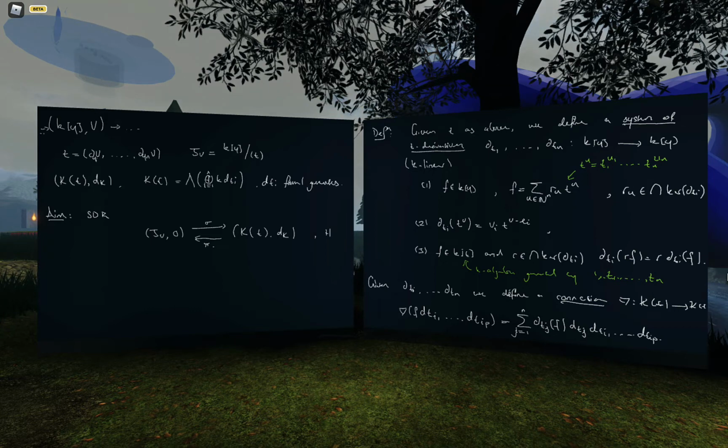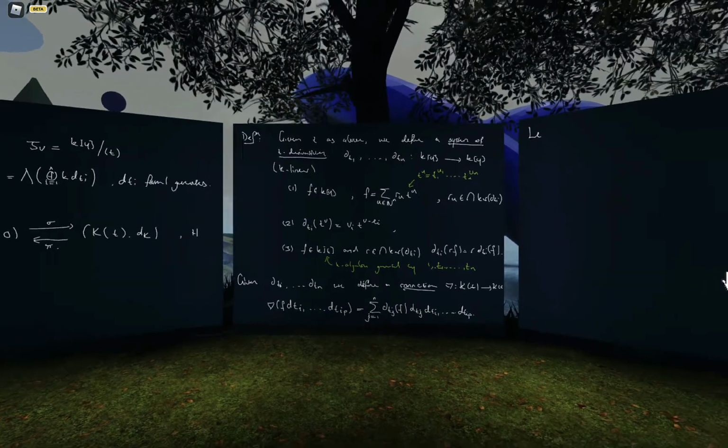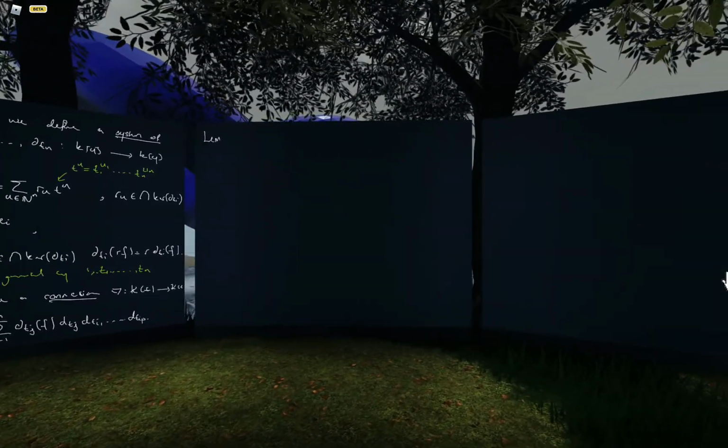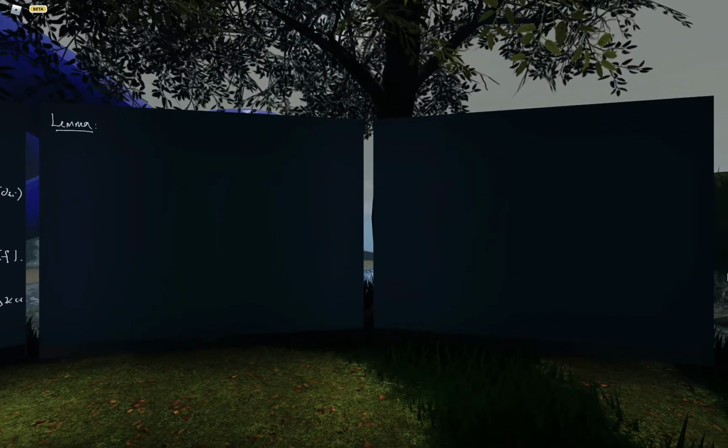Okay, and then I'll just recap the statements of the lemmas that we proved last time, that we're going to use going forward. So I better move over. Number one, we proved that the connection squared is equal to 0.